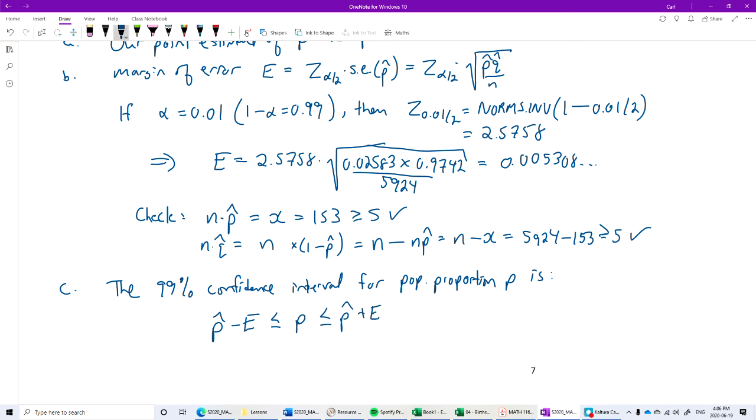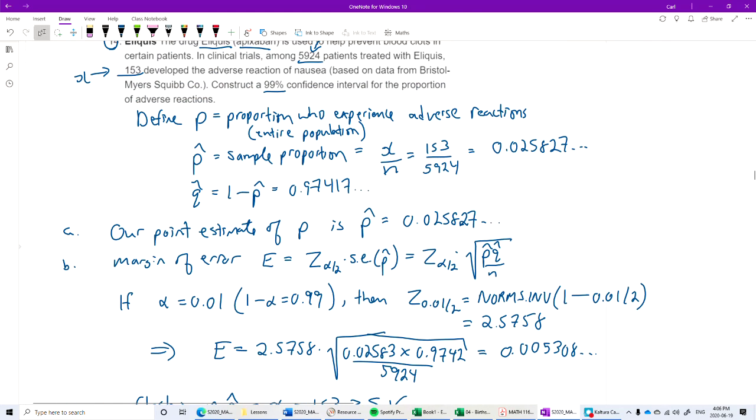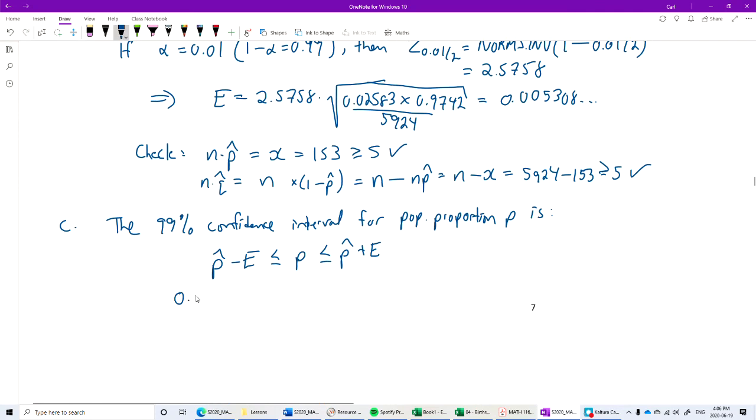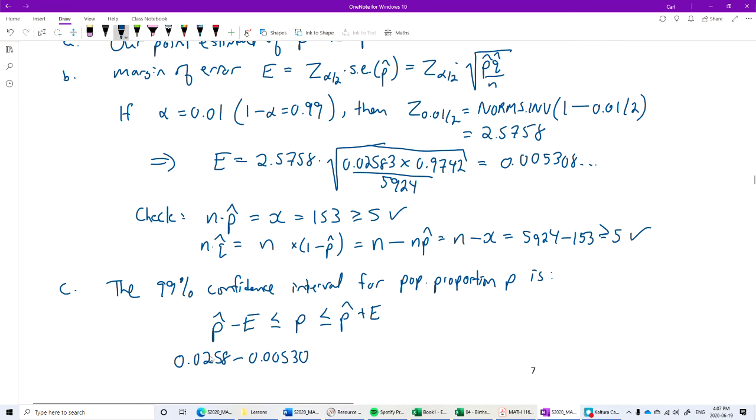What was P hat? P hat was 0.0258. I'll keep 4 decimal places: 0.0258 minus E, 0.0053. It's better to round off at the end, so let me add another digit: 0.025827.